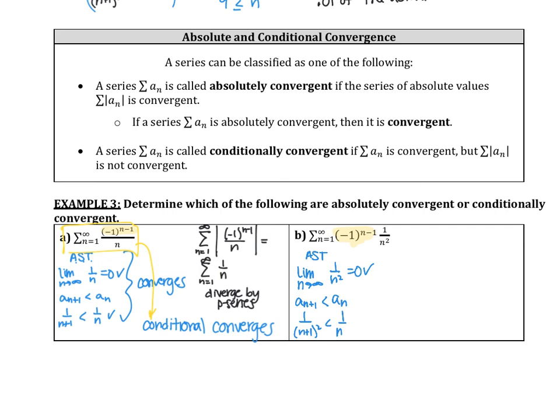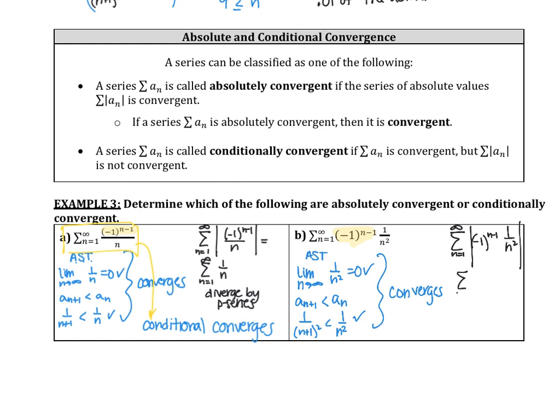Oops, that wasn't supposed to say n plus 1. That was supposed to say n squared. And so this is convergent. So this series as an alternating series converges. Now I need to look at this series in its absolute value form, meaning I'm rendering that alternating part useless, essentially.